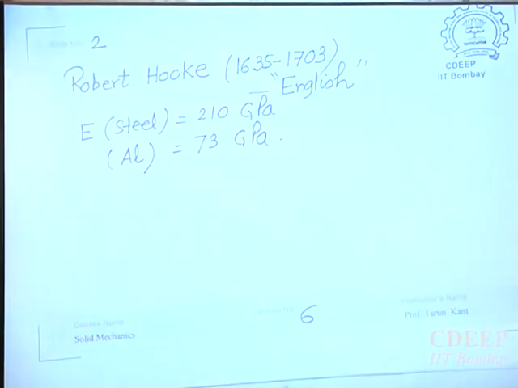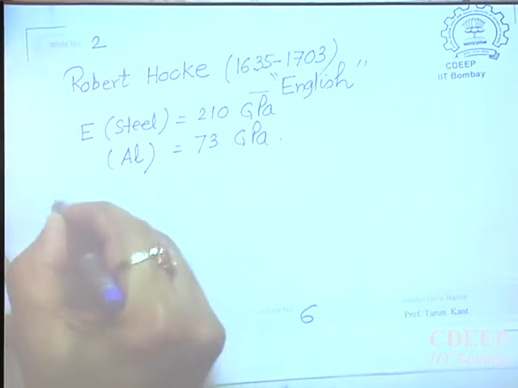We also call this E Young's modulus. Hooke performed the experiment, perhaps Robert Hooke started this whole story, and he performed this experiment on springs, not on a wire or a rod. So there was another person, Thomas Young.